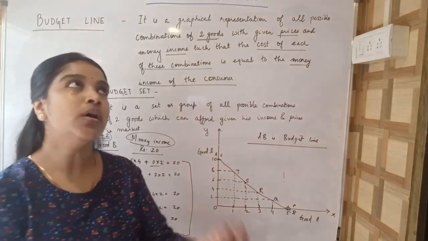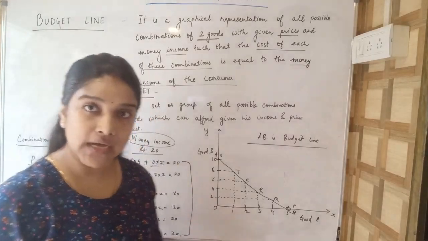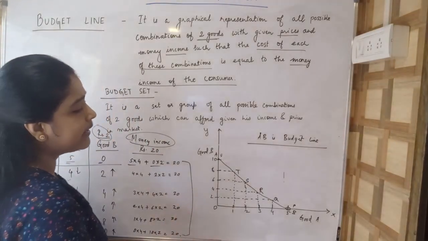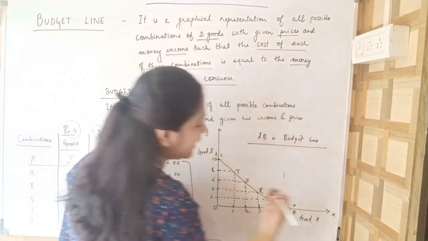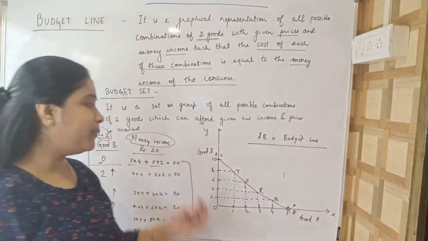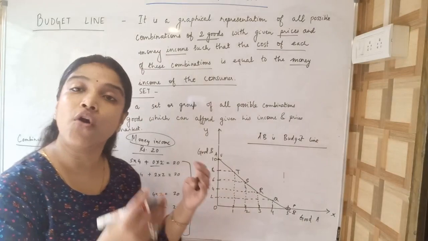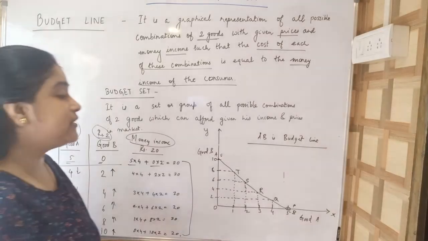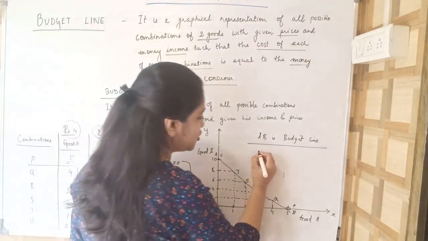We have to purchase less of the other good. So when we are increasing good A, good B needs to come down. If we are increasing the purchase of good B, good A purchase needs to come down. So there is an inverse relation.